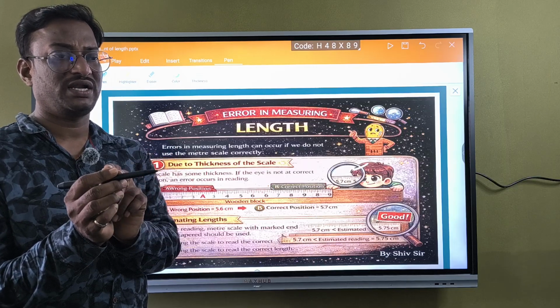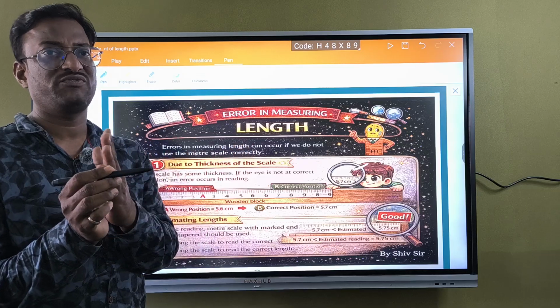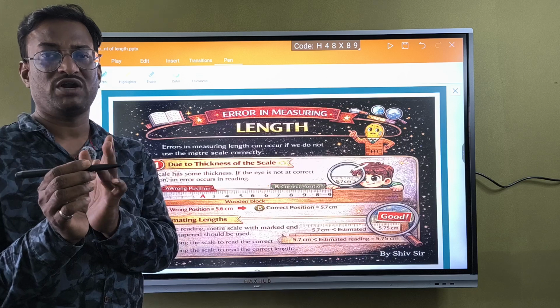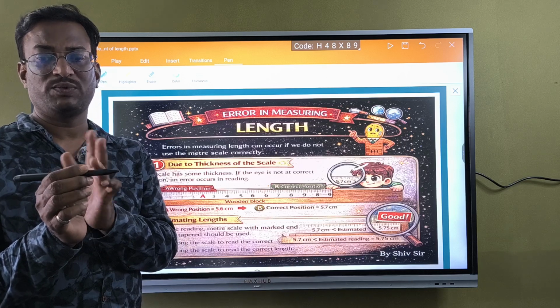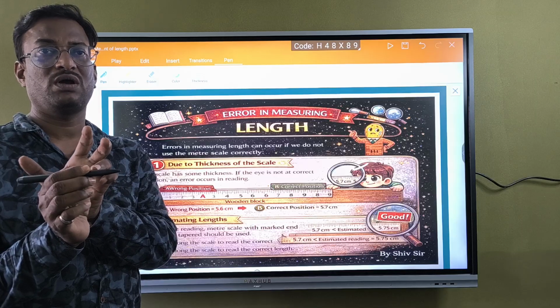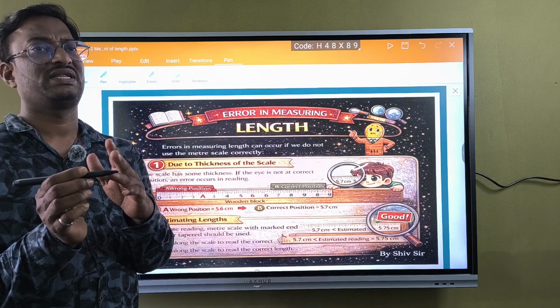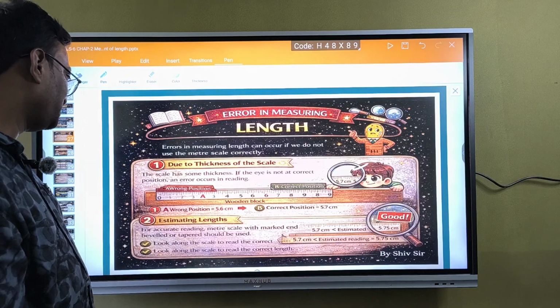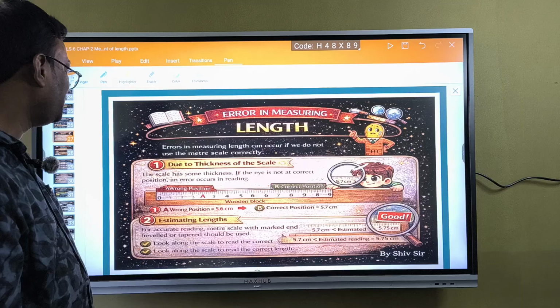Leave the position that is not correct and start from a good position. From there, you should subtract. If you start from 2 and get up to 10, you have to subtract 2 centimeters from the total length. Then you get the reading from 0.